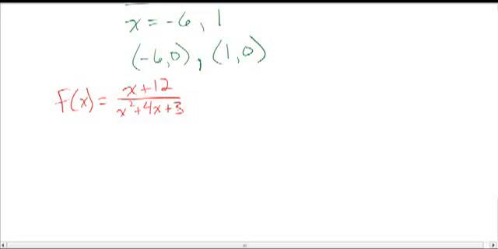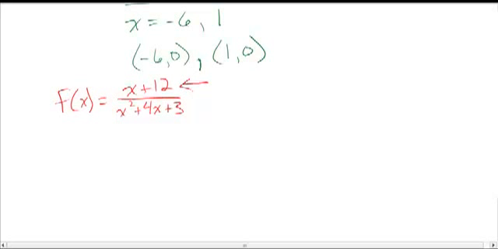What that means is you want to know what can x be, and what can it not be? We start with the assumption that x can be all real numbers, and then we start eliminating possibilities from there. We do not care about the top of the fraction, x plus 12. That doesn't affect the domain at all. You could plug any x value in there and you'll get a value back in return.